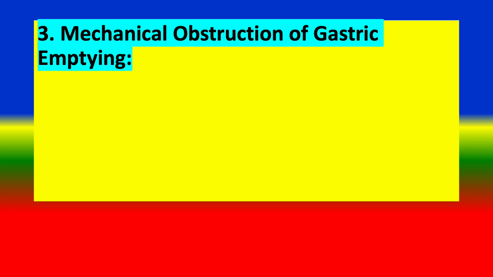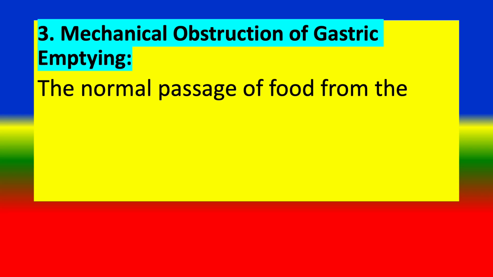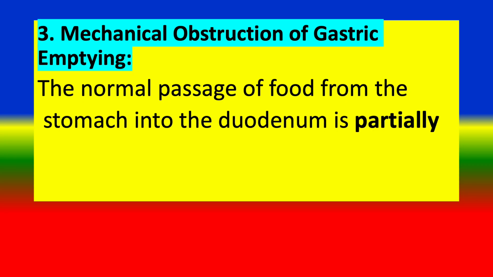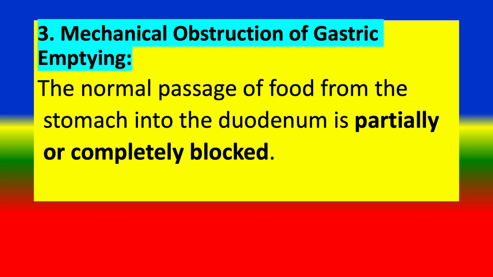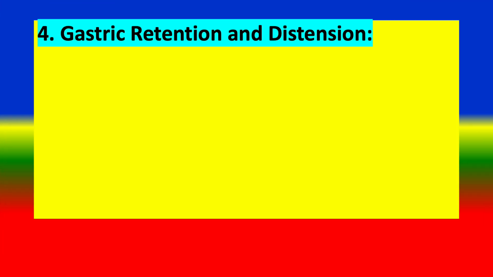3. Mechanical obstruction of gastric emptying. The normal passage of food from the stomach into the duodenum is partially or completely blocked. 4.